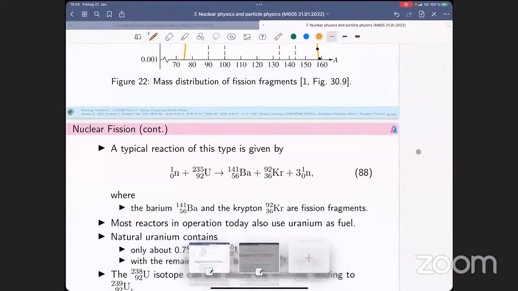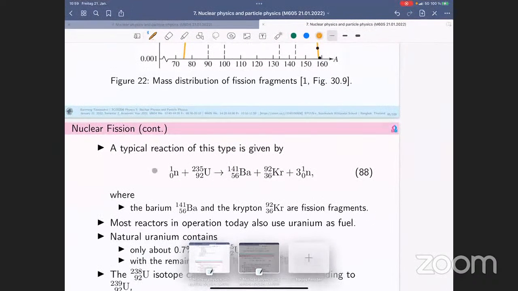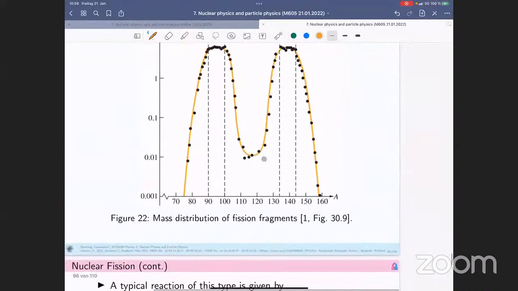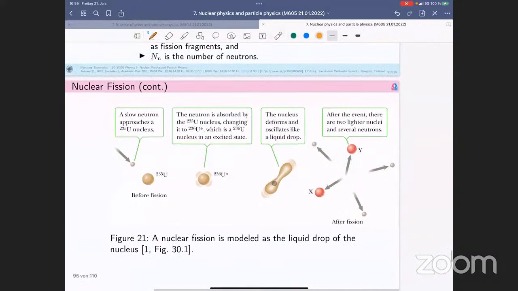Okay, yeah, we accelerate the neutron to hit the uranium-235 isotope, and the nucleus tries to separate, and finally, due to the high vibration, we get barium and krypton, right?